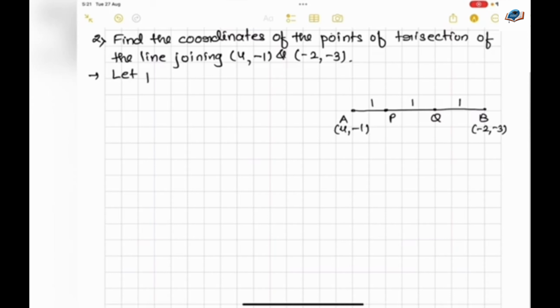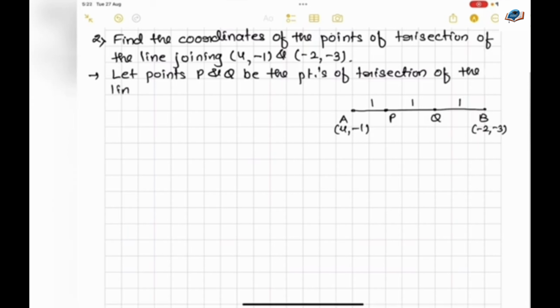Let points P and Q be the points of trisection of the line joining A(4, -1) and B(-2, -3).